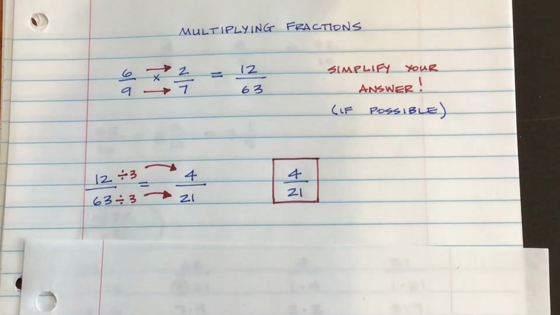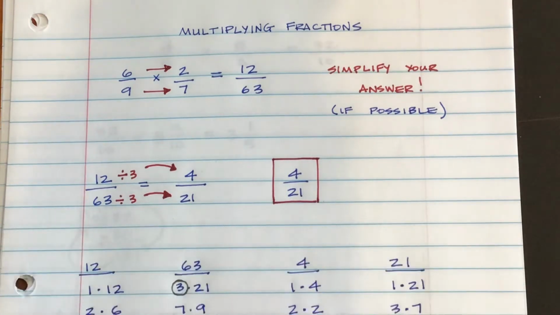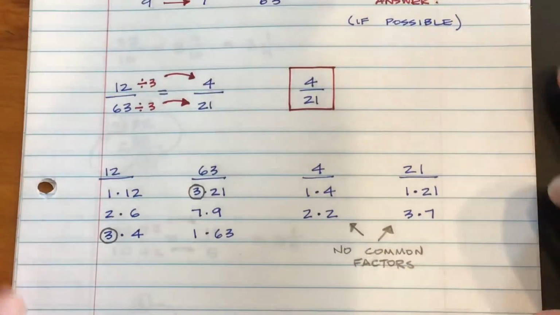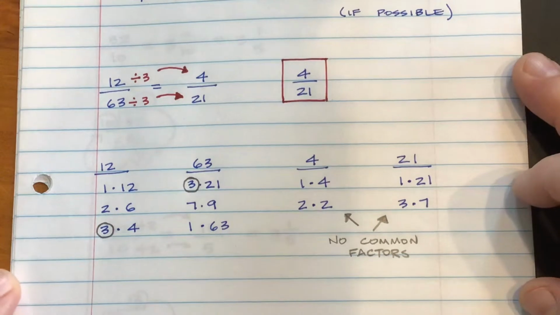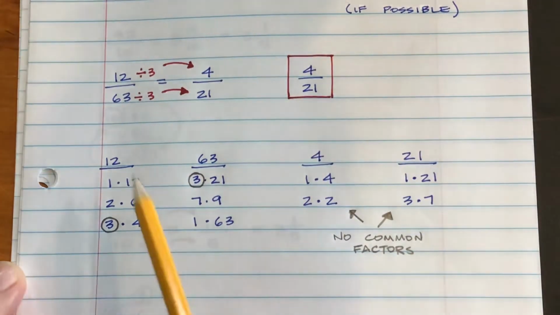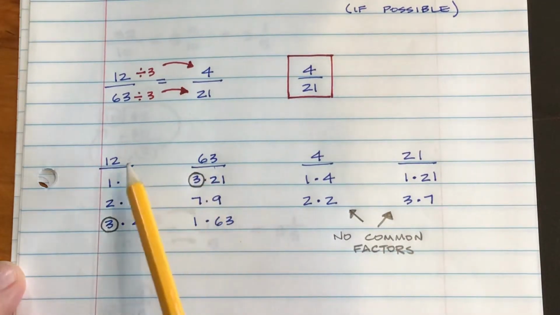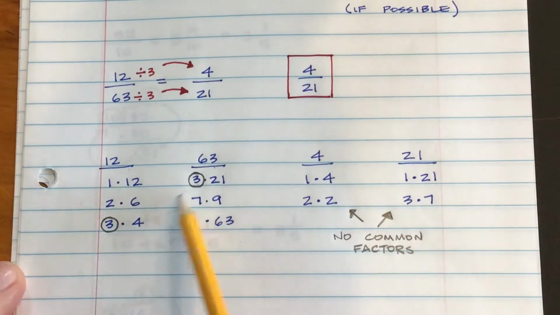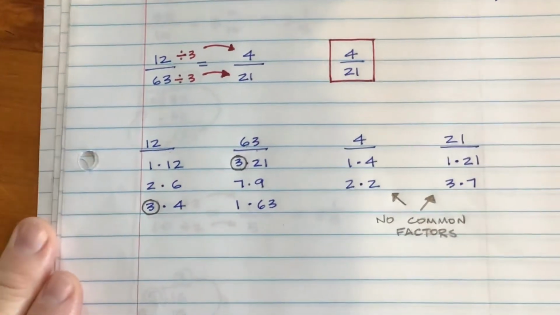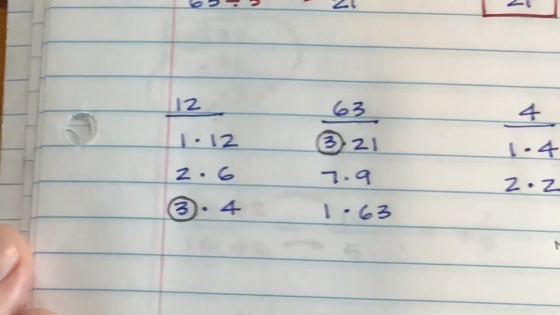Now, a little bit further explanation of that is that the reason why I knew 12 over 63 could be simplified is because I knew that 12 and 63 had a common factor of 3. So be sure to think about what common factors your numbers might have.